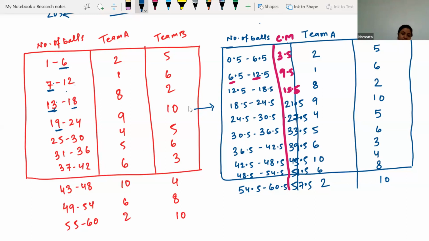If you are getting confused over here, you can also do the changes in the original data. So in the original data, it would have been 1 to what? The previous one. 1 to 6, right?